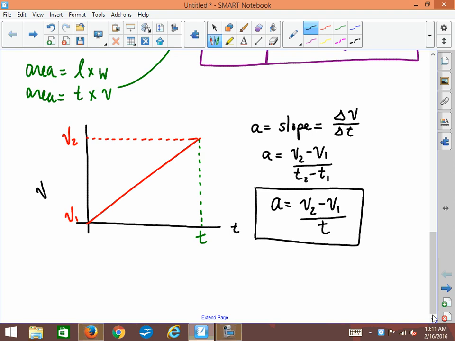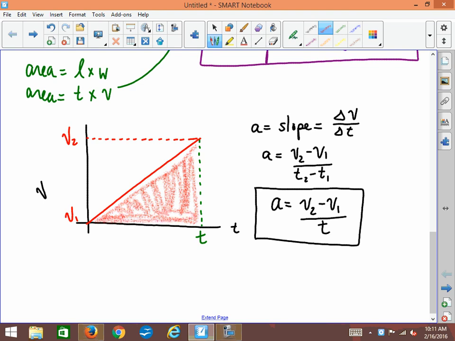It's not a rectangle anymore, is it? Let me see if I can shade this in a little bit. I'll take this, and I'll shade in red. It's the area all under here.